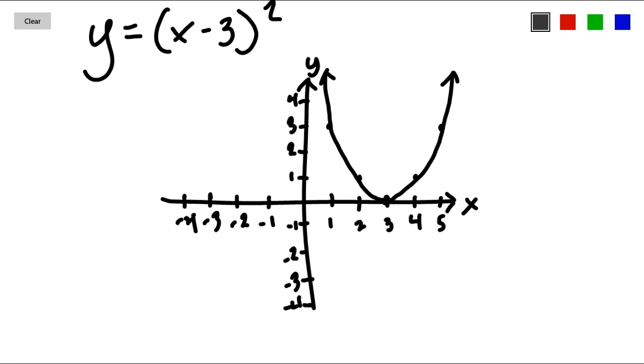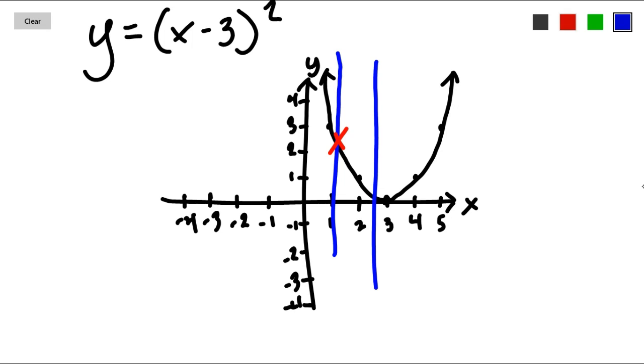So the way that you test that using the vertical line test is you draw a series of vertical lines through the graph and see how many times each one crosses the graph. When I draw a vertical line here, I can see it intersects at one place, so we're still good. I draw another vertical line down, and it still only intersects in one place.